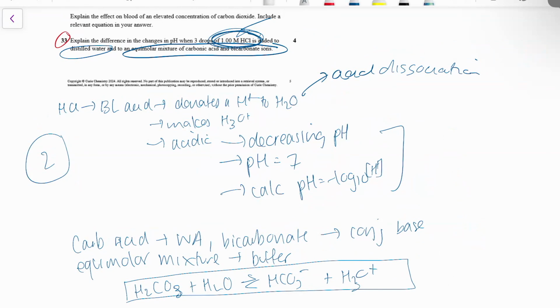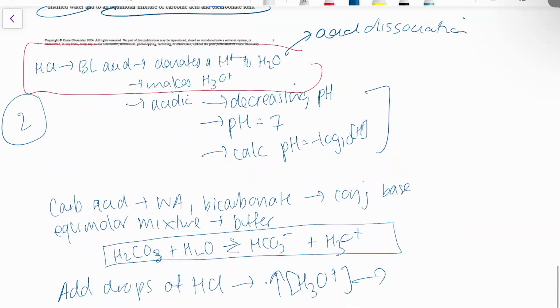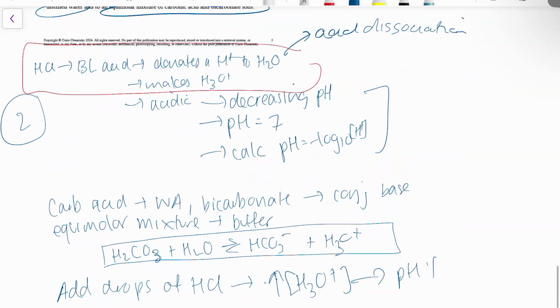We already talked about that earlier. So if you already mentioned this part, we don't really have to say it's an acid, it donates protons again. You can skip over that and go straight into, if you add drops of HCl, you're going to increase the concentration of H3O plus. And then if you do this temporarily, just like it did in water, the pH is going to decrease. But it can't stay there because that's what you talked about with the water.